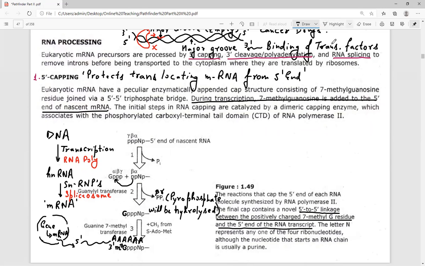So that is very important. You must note it down. I'm writing a note here. Please do understand this. This is the region where a 5' to 5' linkage is present in the entire biological world.